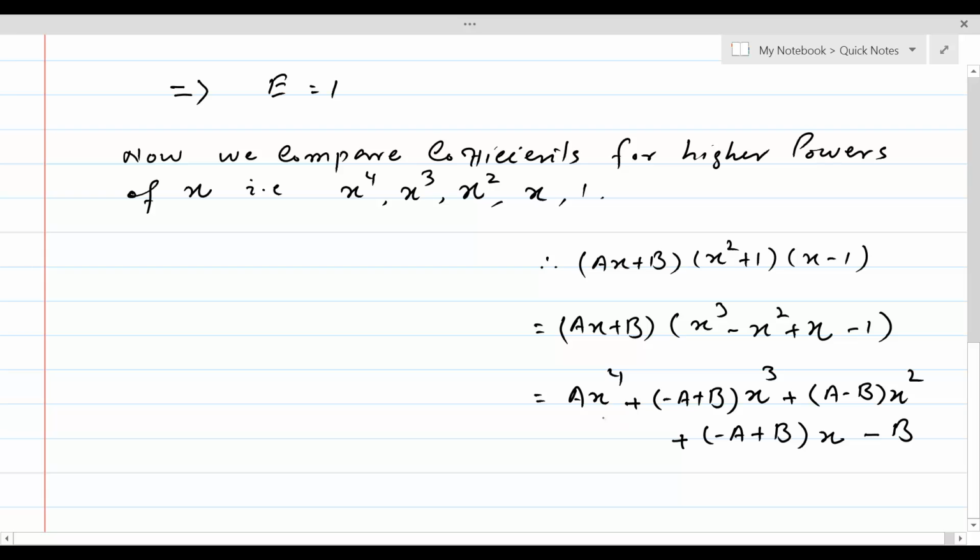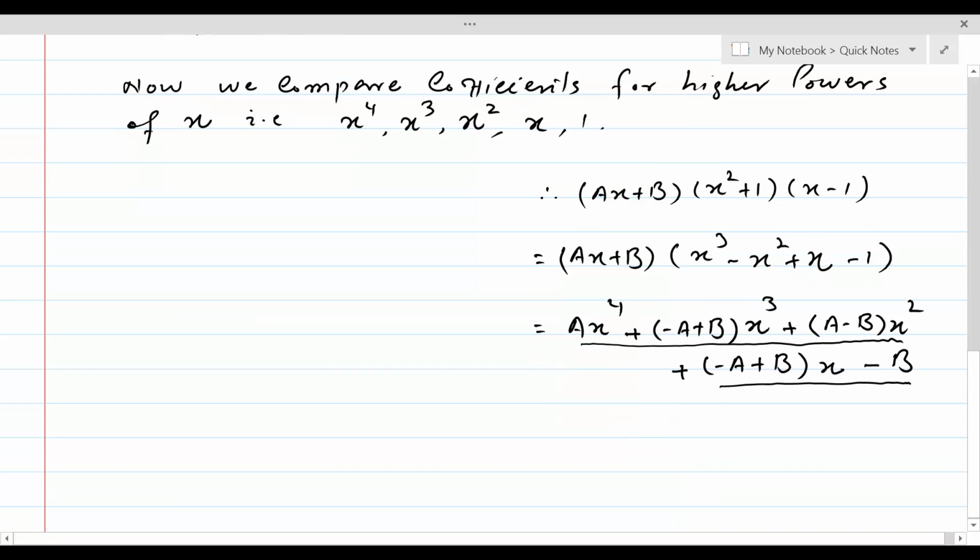So this is the expansion of the first term on the right hand side, and let's similarly expand the second term.